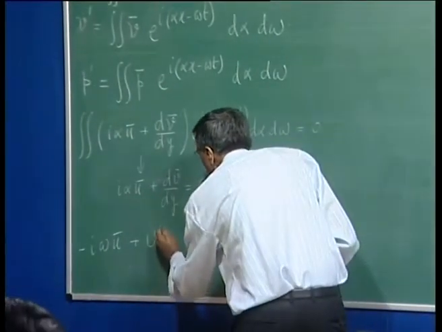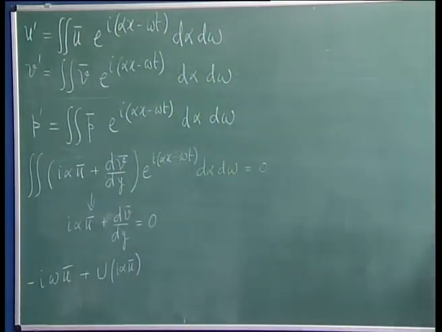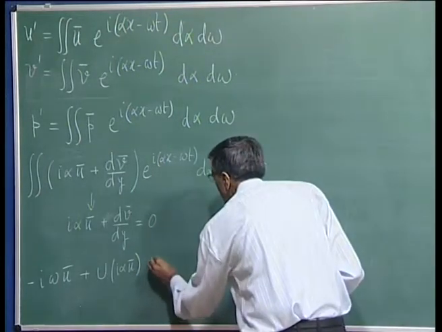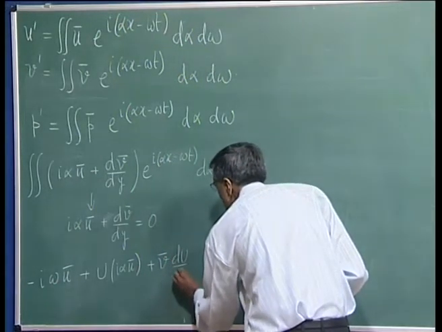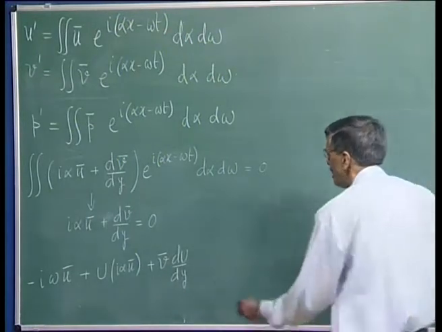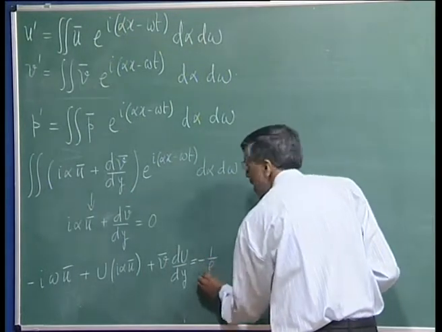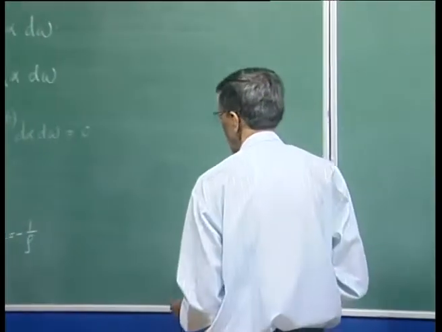So I will have i alpha u bar. What about v prime dU dy? That is much simpler. That will be simply v bar dU dy. And on the right hand side, what will we have? Minus 1 upon rho, and del p prime del x will be i alpha p bar. Right? So that will be that.